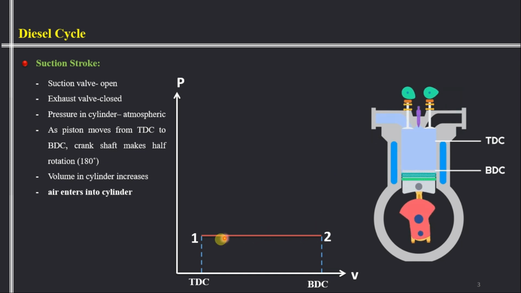So the pressure will be maintained constant, and you can see there is some space over here because this much volume is always present in the cylinder, and that volume is called clearance volume. You can observe in this animation also, this much volume is always present inside the cylinder. So the piston will move from TDC to BDC at constant pressure.